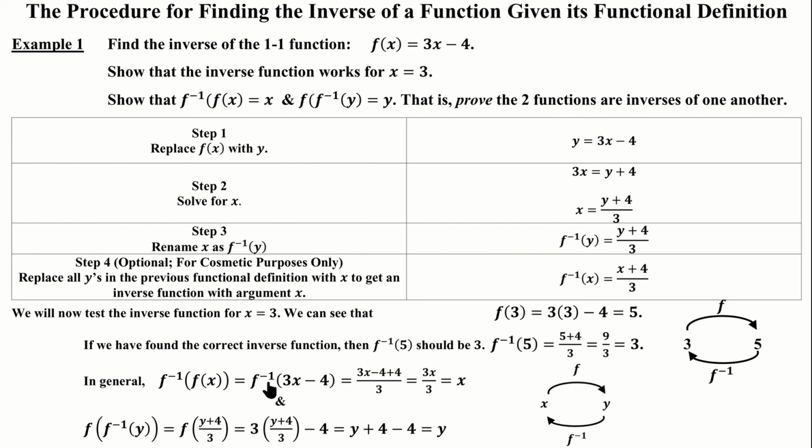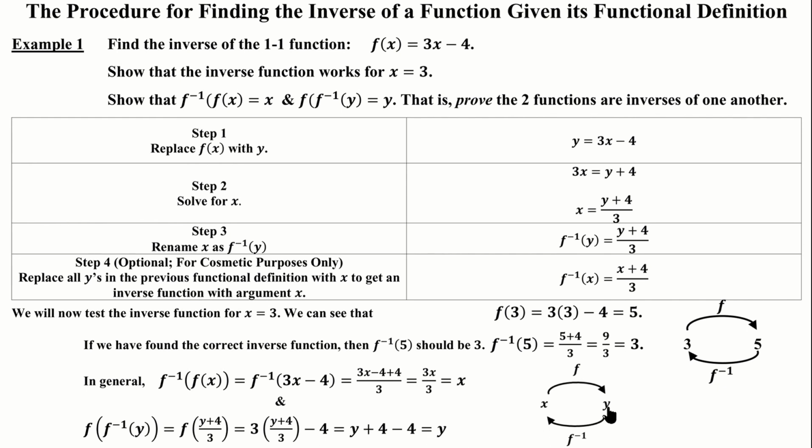So now we're going to do that with this input. So we're going to take 3x minus 4. We're going to replace x here with 3x minus 4, and then add 4 to it, and then divide by 3. So notice we end up with this. Now the 4's cancel out, the negative 4 and the positive 4, and we get 3x over 3, which is x, as we hoped.